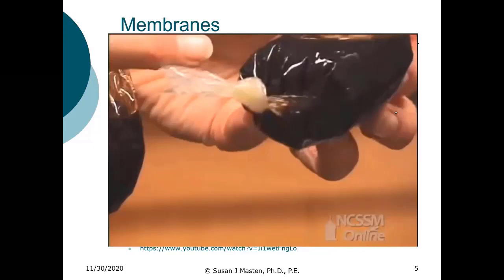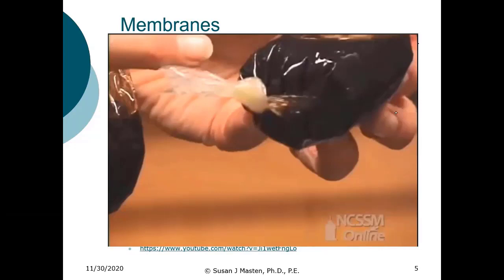So what you see is that the membrane is permeable to water, so it allows water to pass into the membrane. The sugar molecules aren't able to pass out of the membrane, and the molasses becomes more dilute.